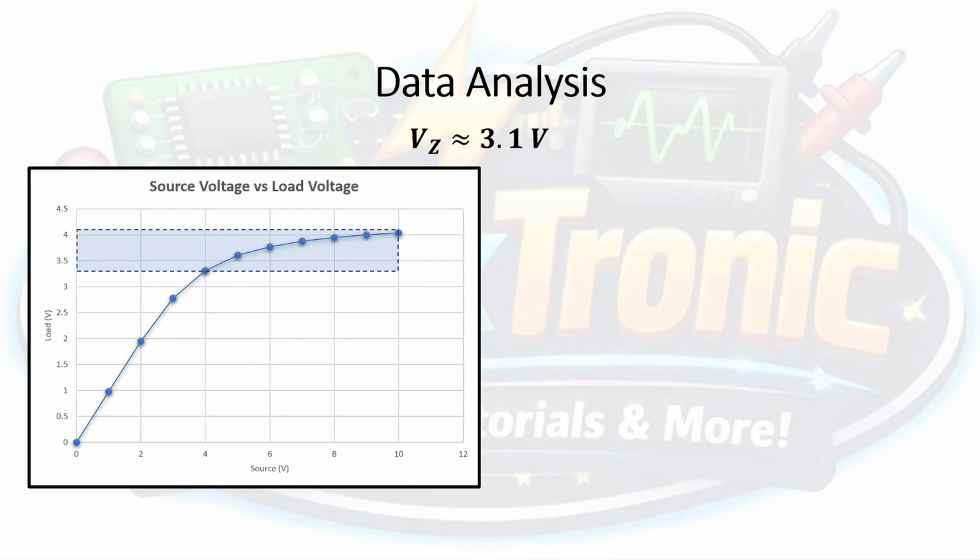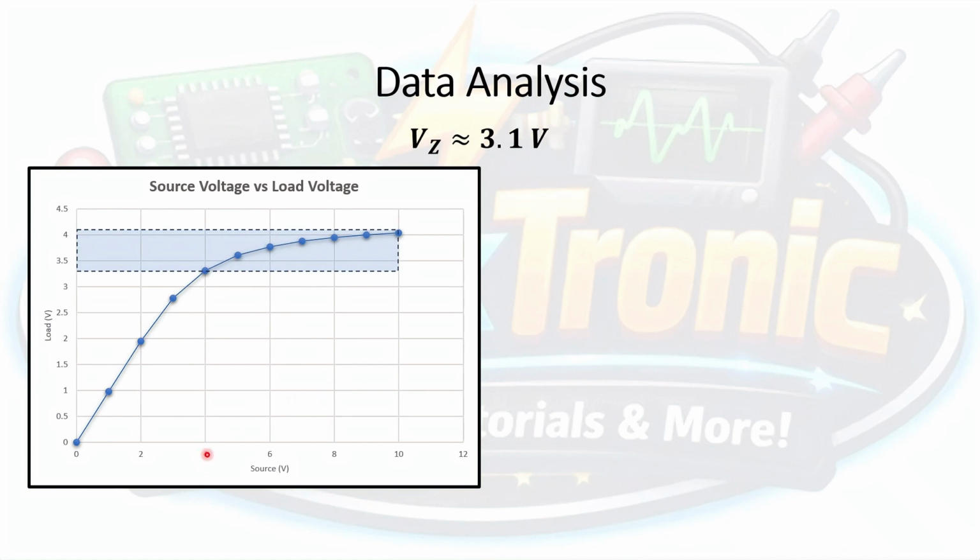When we took that component tester earlier in the video and tried to take a look at the reverse breakdown voltage of the Zener diode we have on the circuit, we came out with this value, that the reverse breakdown voltage of that Zener diode we use is approximately equal to about 3.1 volts. Now, we can see that here in this graph.